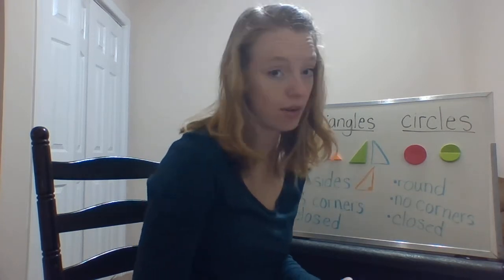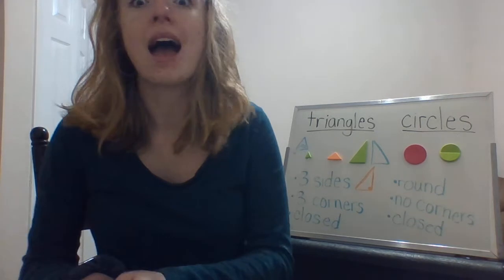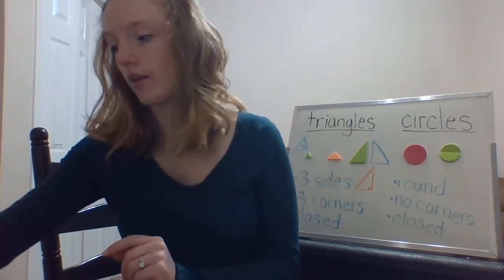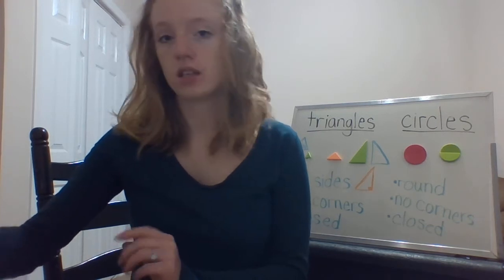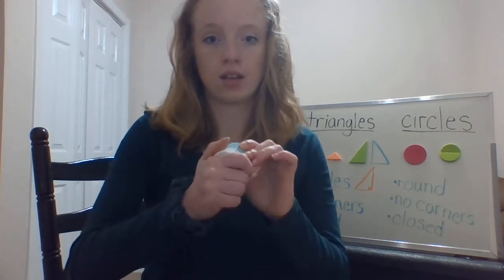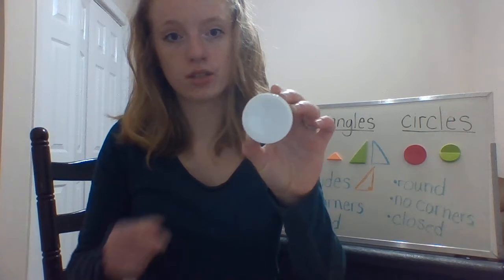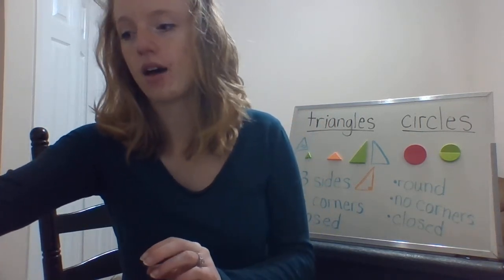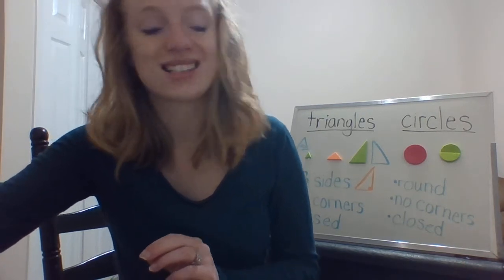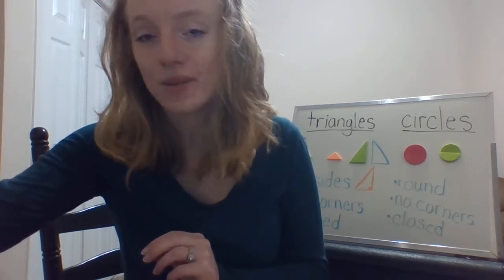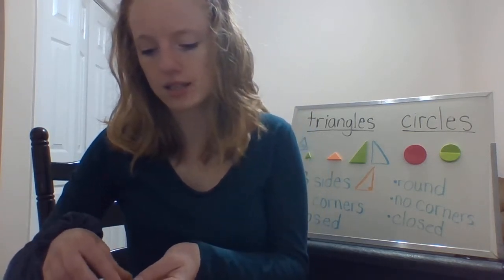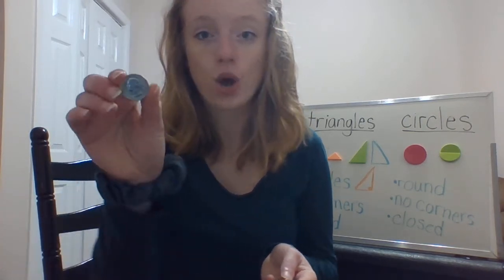So I went on a shape hunt around my house. I found a lot of things that are shaped like circles. So I found the top of one of my face wash. That is a circle. I found some coins. And we've been learning about coins. We're going to start learning about coins again in a couple weeks. I found a quarter.